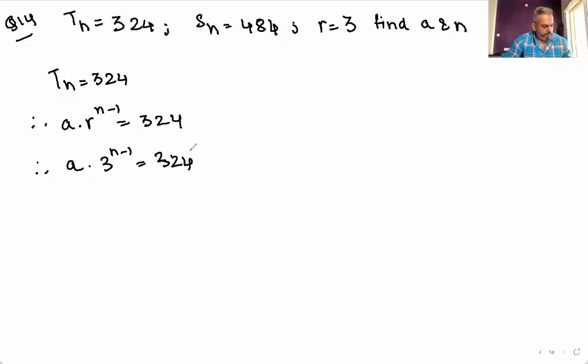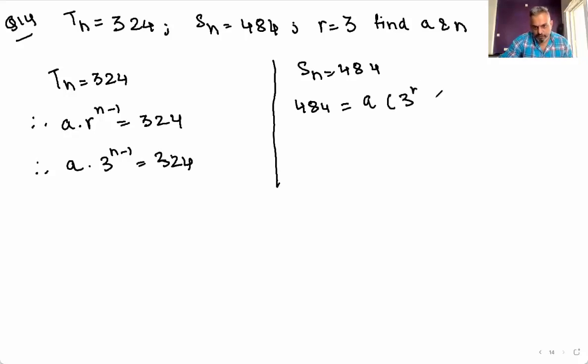Now, Sn is equal to 484. So 484 is equal to A is missing, R is 3, raised to n minus 1 upon 3 minus 1.